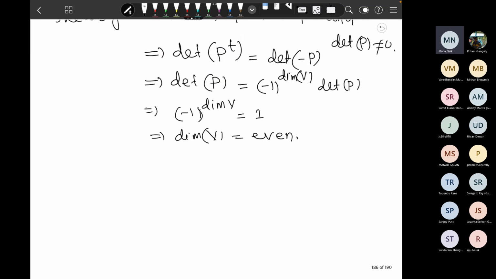So to possess a non-degenerate skew symmetric bilinear form, the vector space has to be of even dimension. So, theorem.